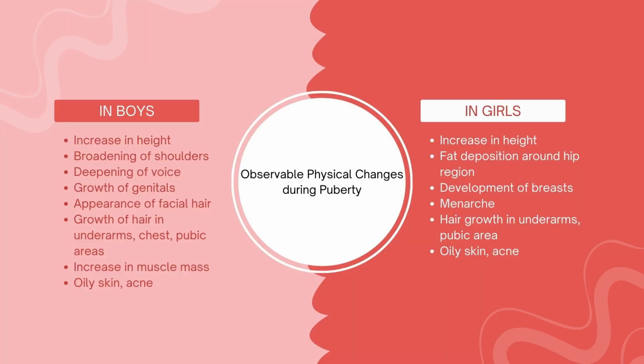Apart from this, a growth spurt is observed in girls as well. There is fat distribution that happens typically in the hip region, and we can notice the development of breasts. We also notice hair growth in the underarms and the pubic areas.